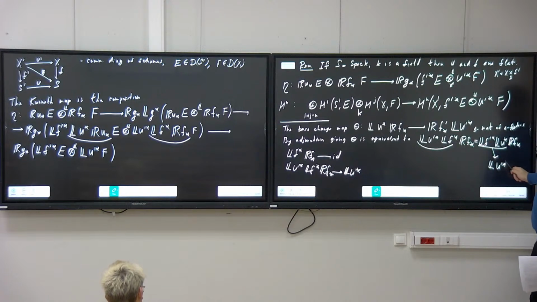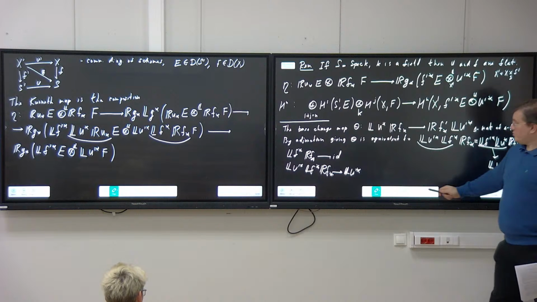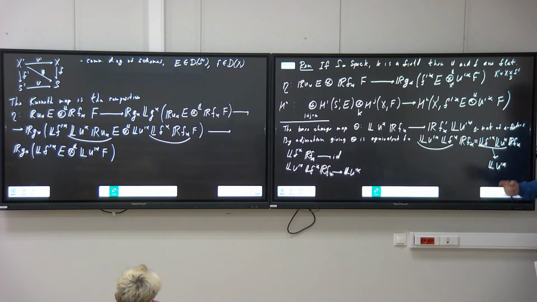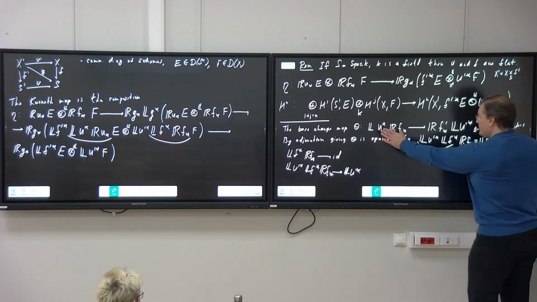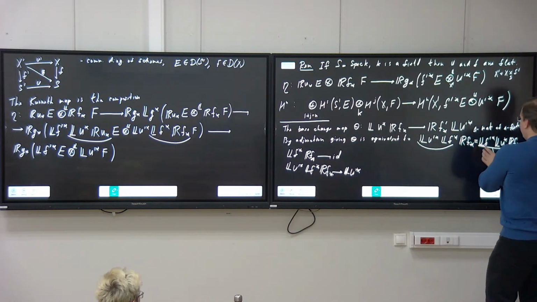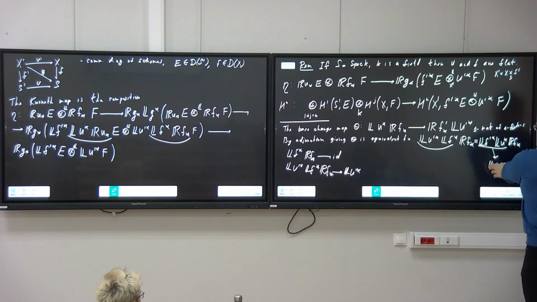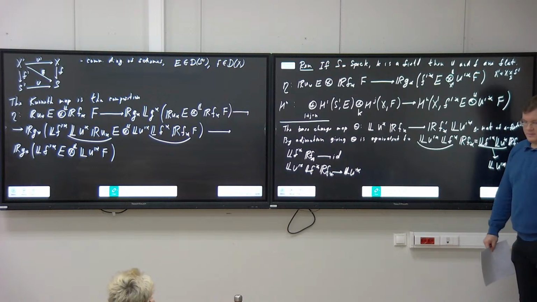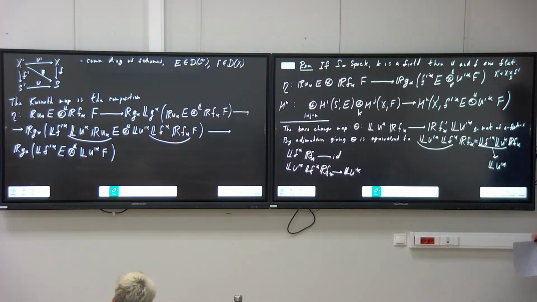So I need to produce this map, and this I can produce if I just apply L U prime upper star to this counit of the adjunction. Yeah, but isn't it in the other direction? Why is this another direction? This is just the adjunction. So Hom from this to this is equal to Hom from this to this. This is the same direction.